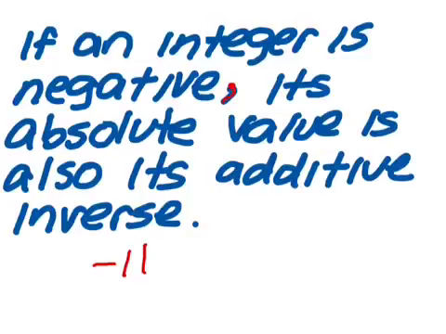Its absolute value, what's the absolute value of negative 11? It's 11. That is also its additive inverse. Negative 11 and 11 are additive inverses. So yes, this is a true statement. It's a lot of big words for a very simple idea, but nonetheless, it is a fact of integers.